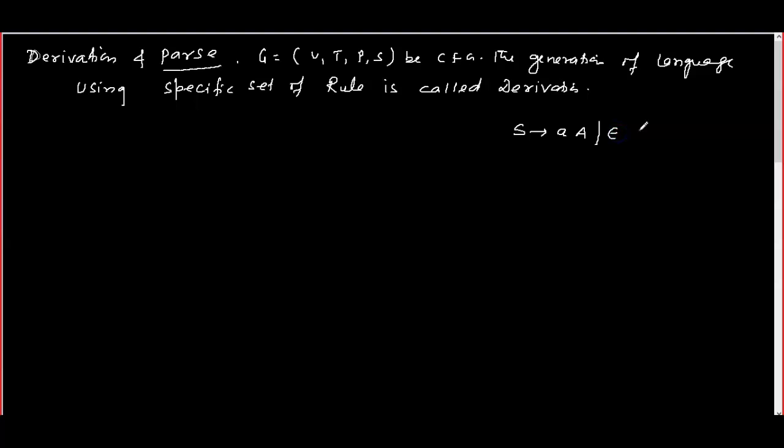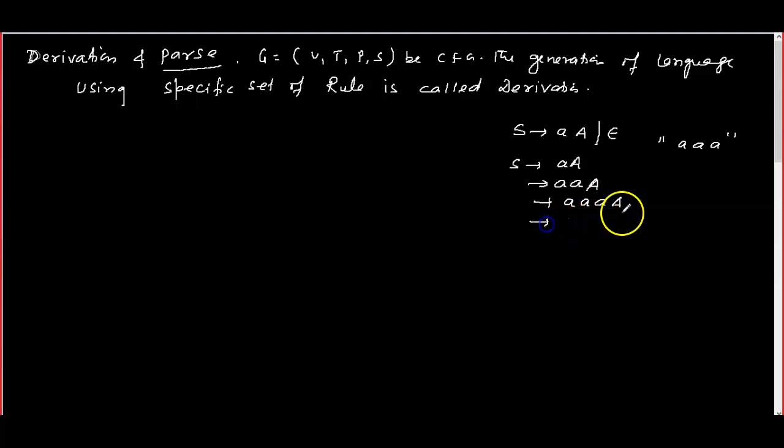So if a grammar is given, you want to derive, like, triple A. You can do it by S derives AA. Then in the place of this non-terminal A, I can substitute the value of A, right? A and A. Again, in the place of this variable, non-terminal, I can substitute A again.